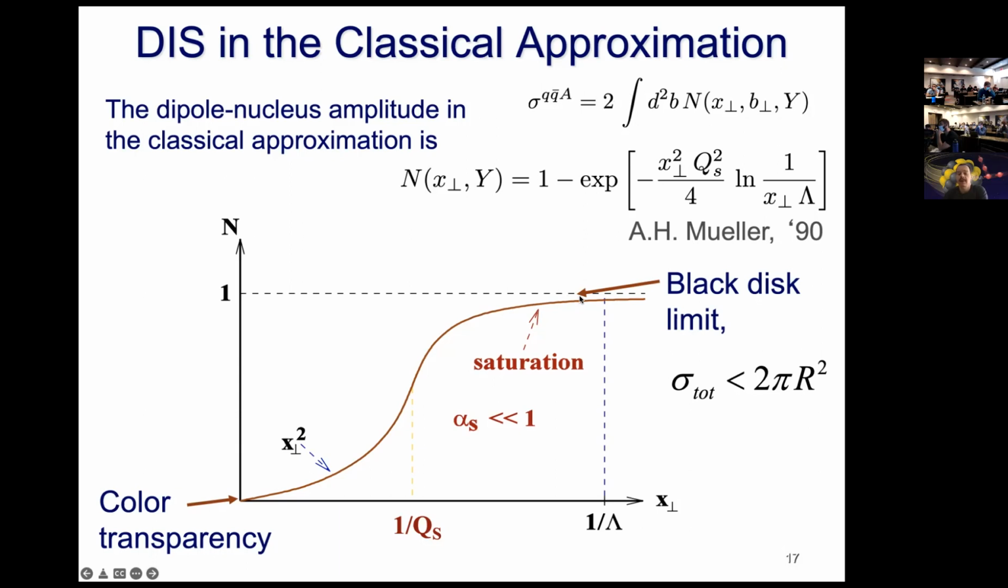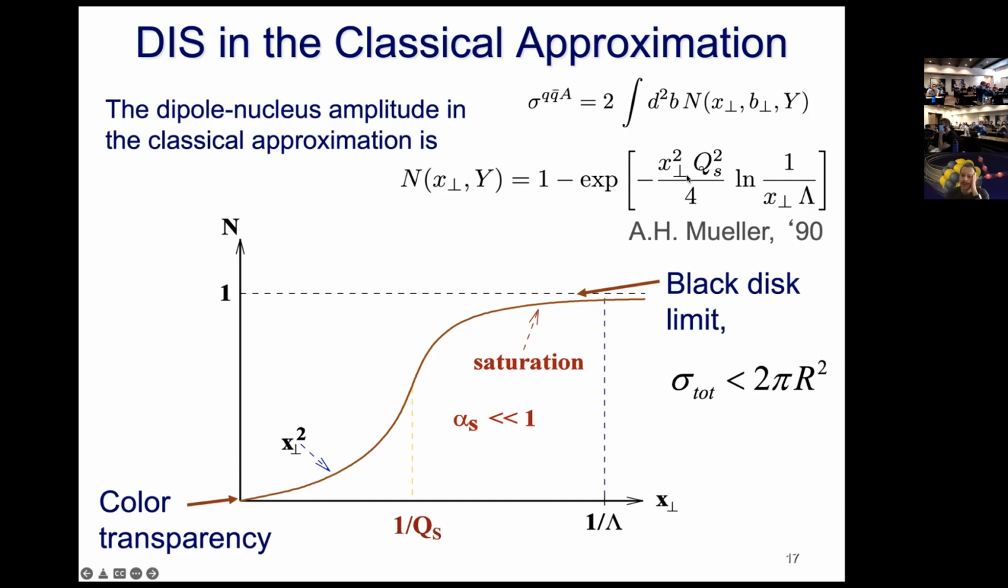You cannot exceed that black disk limit in high energy scattering, and a single rescattering here nonetheless would have generated a violation of the black disk limit. But the point is that when the dipole gets large, the interaction with nucleons gets stronger, and it doesn't interact just with one nucleon, it interacts with many different nucleons, right?